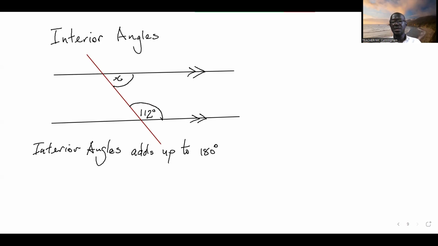Try that again. Udaya, you are correct. And Jada, you are correct. So 180 minus 112 should give you 68. So that was the answer I was looking for all the time.